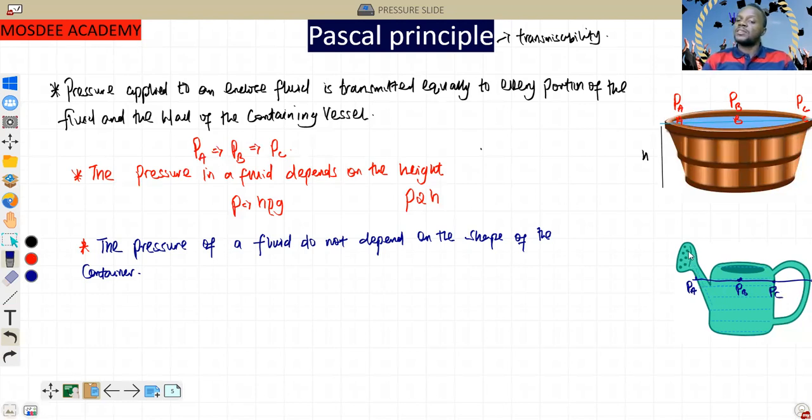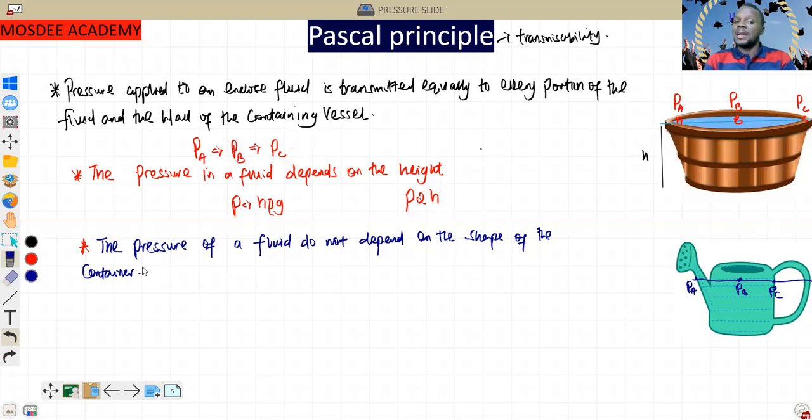So no matter the shape, inasmuch as we are taking a horizontal line within the layers of the flow of the liquid under a particular height, the pressure is always the same and it is distributed evenly to every portion. So regardless of the shape, liquid pressure, or say fluid pressure, does not depend on the shape of the container. So be very, very careful about this.